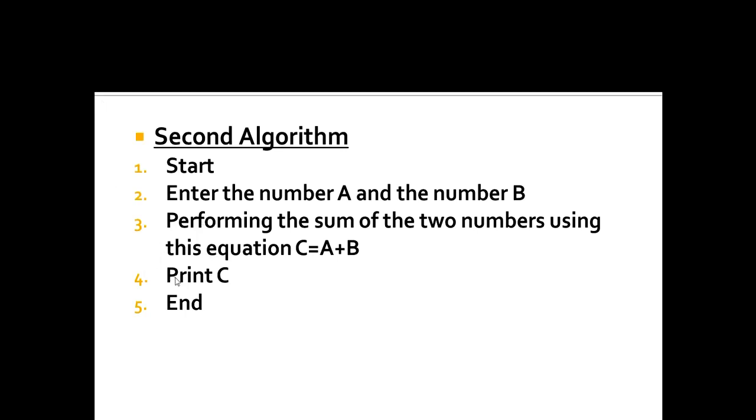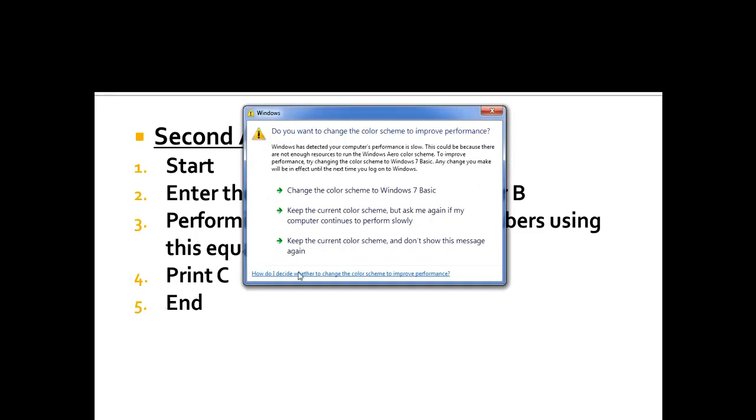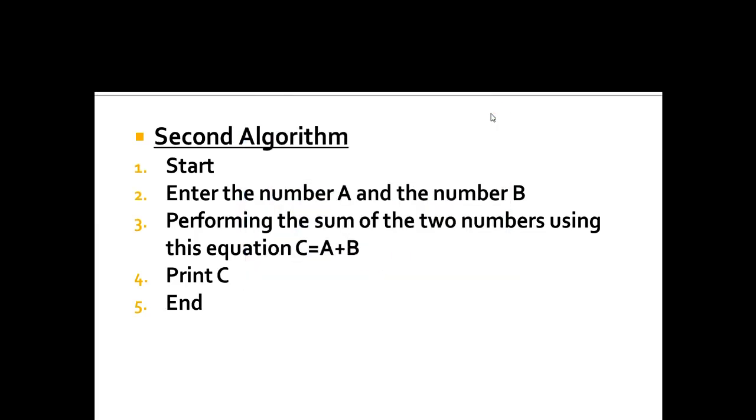To represent the final step, it should be end. You need to follow the same steps in writing any algorithm. First start, last step end, second step inputs, third step process, fourth step print or output.